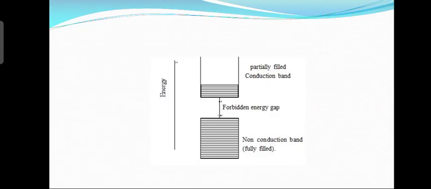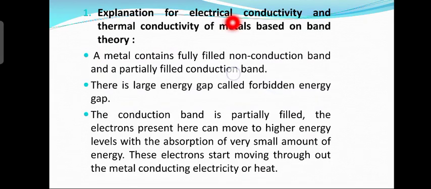Next slide. Explanation of electrical conductivity and thermal conductivity of metals based on band theory. Now let us see how to explain them based on band theory. Metals contain a fully filled non-conduction band and a partially filled or vacant conduction band.